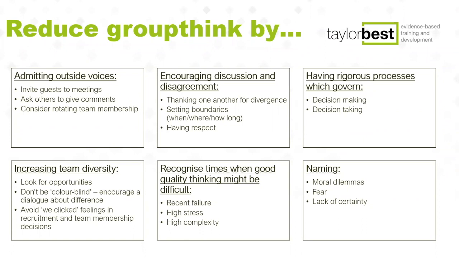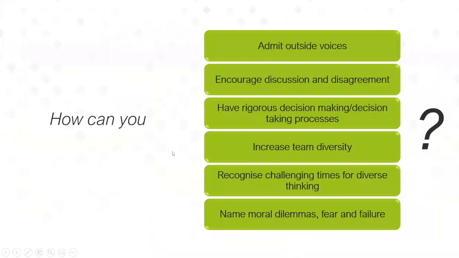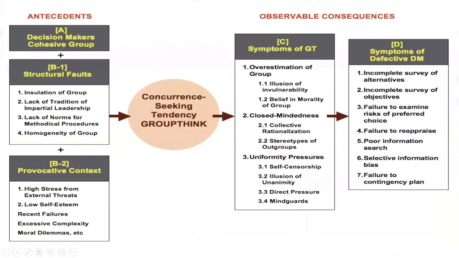Okay, fine. So what I then want to show you is this, which will be in the slides that you get sent. This is all the work that psychologists and organisational theorists have done looking at what groupthink is. And what I've shared with you today is the headlines of this research. If you wanted to get really into the detail, this is the detail. Here are all the things that lead to groupthink.